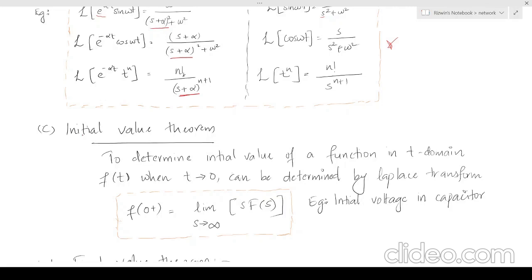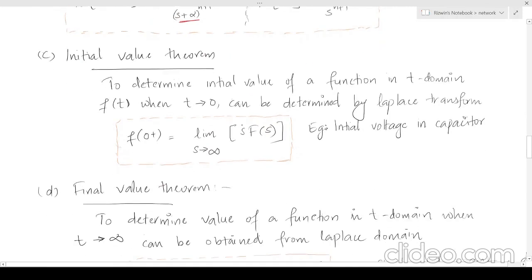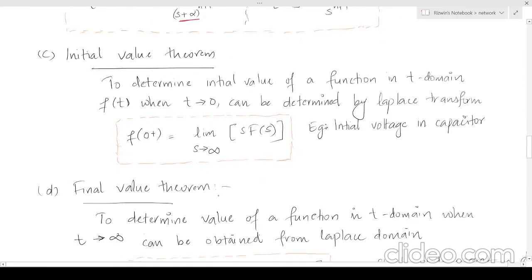Or suppose there is an RL circuit and you are connecting a voltage source to it, and you want to find its starting current when the circuit is just connected and what its final current will be. For finding the starting current we use the initial value theorem, and for finding the final current we go for the final value theorem.